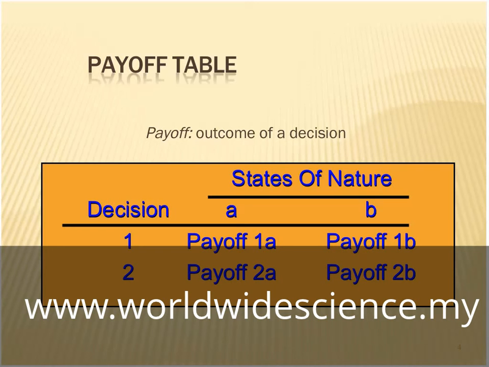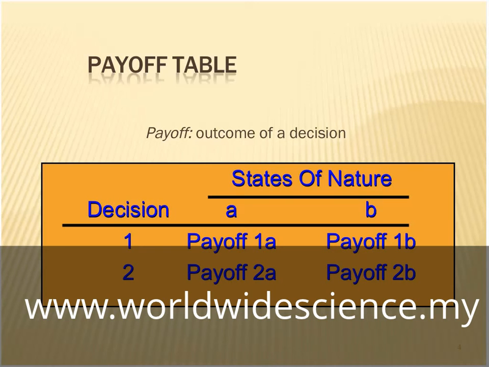the marketing manager can help you to predict or forecast the payoff or result for each of your decisions. And some items can help you to guess or forecast the payoff for each decision for each state of nature.